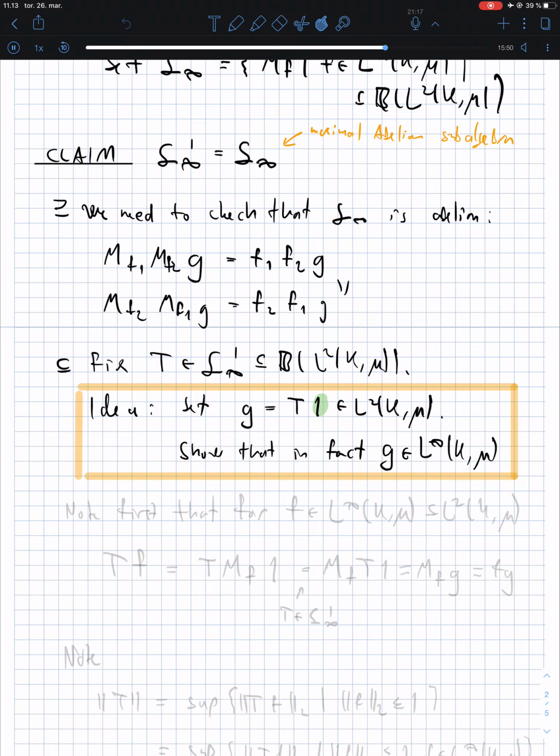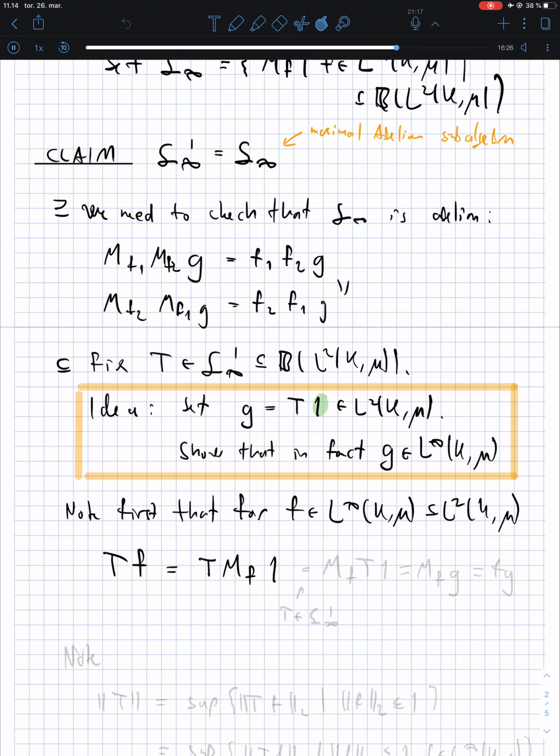Okay, so note first that for f which lies in L infinity of K, mu, which as we've seen lies inside L2 of K, mu, if we apply T to f, then what do we get? Well, that's the same as applying T to Mf of 1. Right?